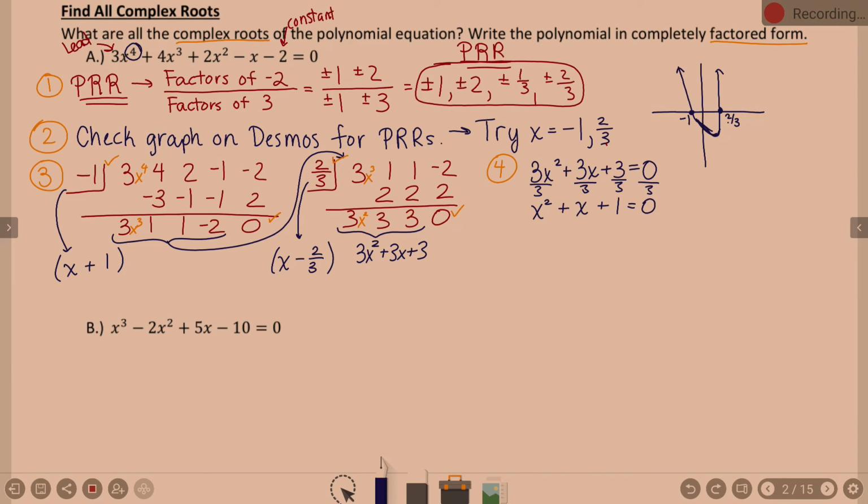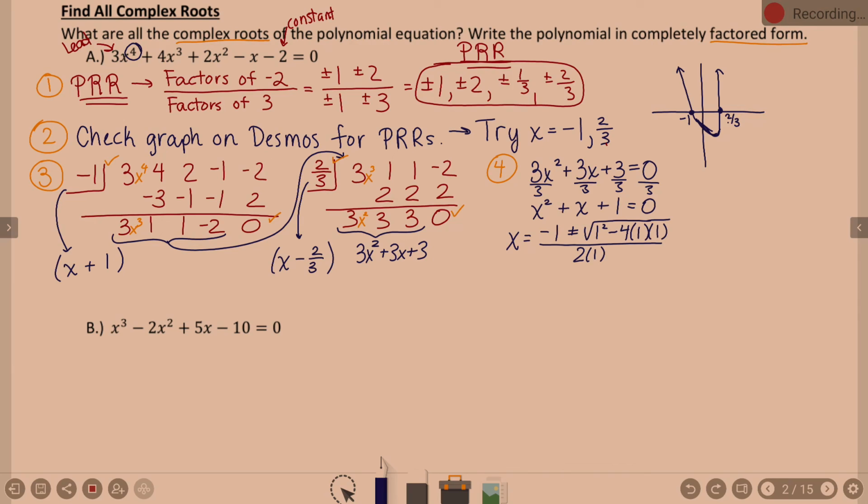So if it doesn't factor, what's plan B? Quadratic formula. Okay, so x equals negative b, so negative 1 plus or minus the square root of b squared, 1 squared, minus 4 times a times c, all over 2a. And this is where a, b, and c are all 1s, yes?